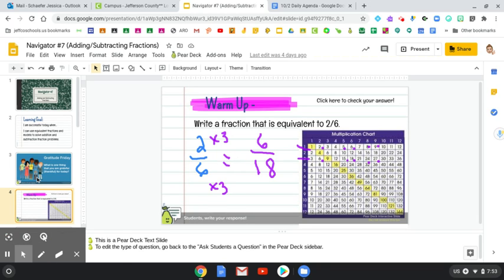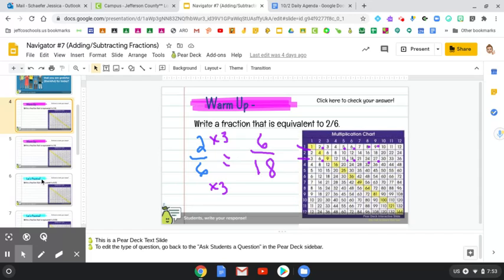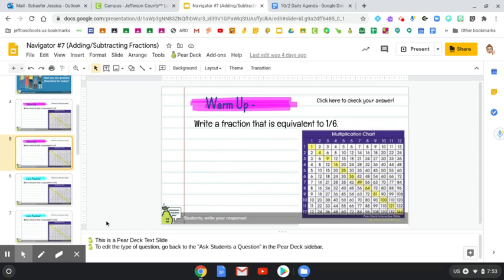All right, so let's use that to try and help us through our next one. So this time I'm looking at 1/6, and I'm trying to come up with anything that might be equivalent to it. So I see 1 and 6 together right here in my multiplication chart. If I have 1/6, I don't think I could divide by anything that they have in common because they're only in the ones together. But I could multiply. Remember, I could multiply to get equivalent fractions also.